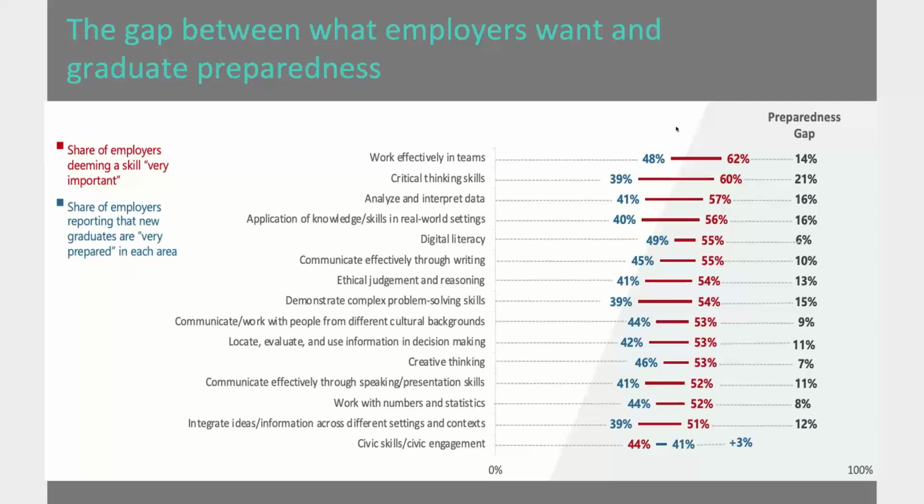And then we also asked, are new graduates very prepared to actually engage in that skill? So 39% of employers said that our students were very prepared to engage in critical thinking, while 60% said this is very valuable. So we have called this the preparedness gap, the difference between very important and very prepared.